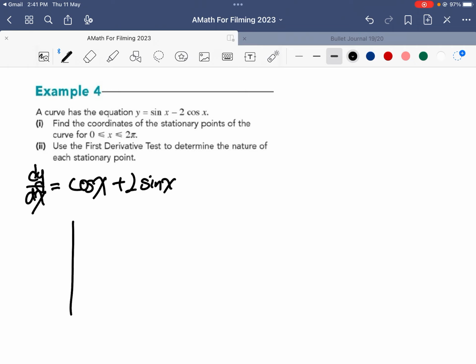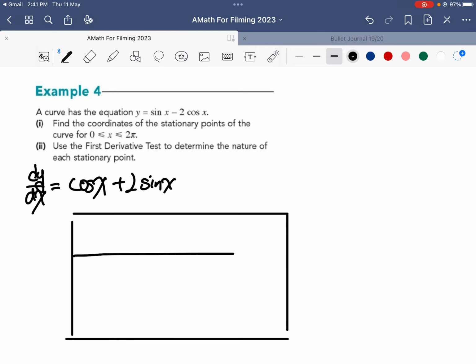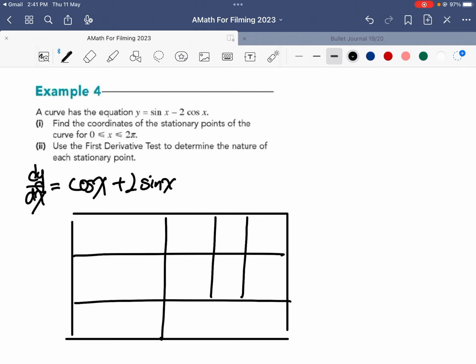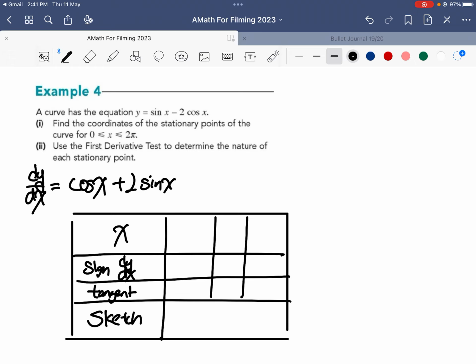Now to use the first derivative test, we draw our table. Then we have x, sign of dy/dx, then the tangent, what the tangent looks like, and finally the sketch itself.